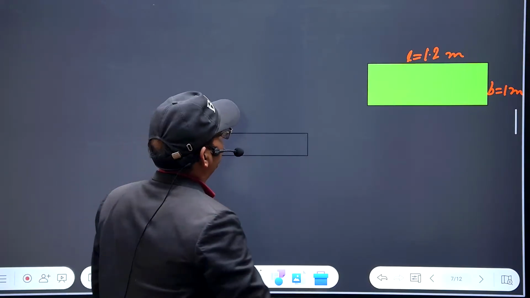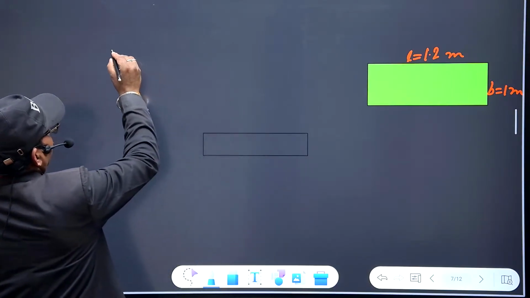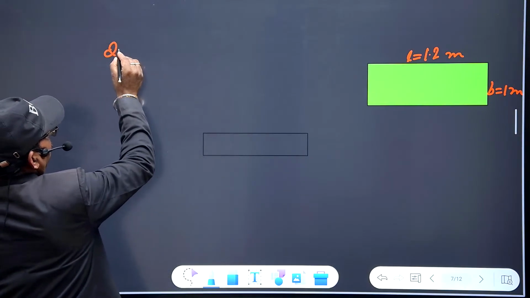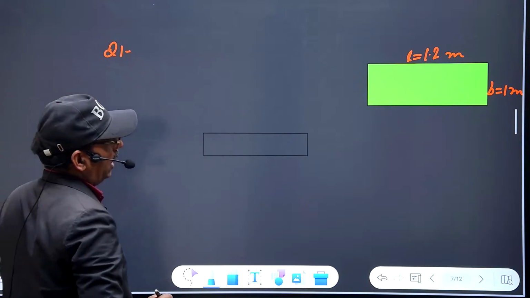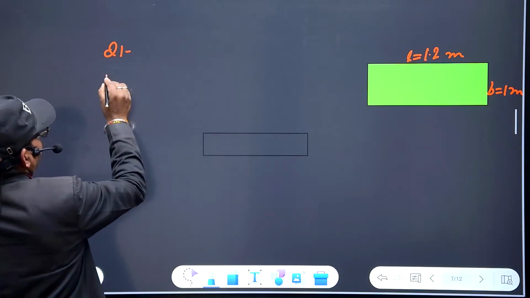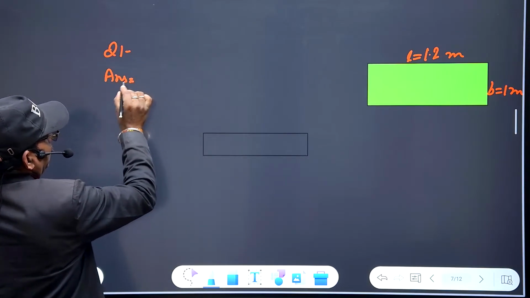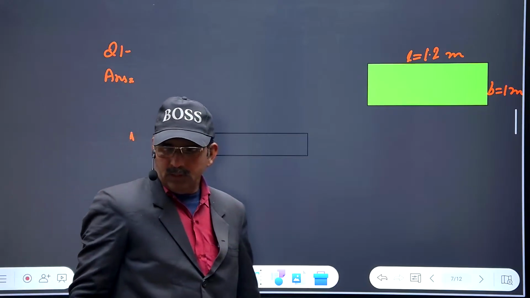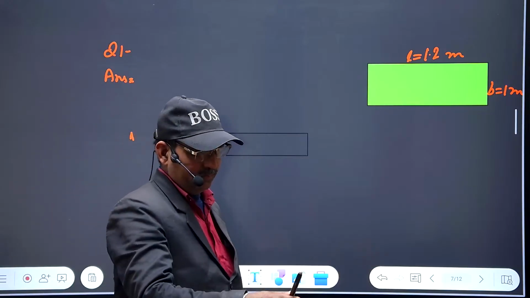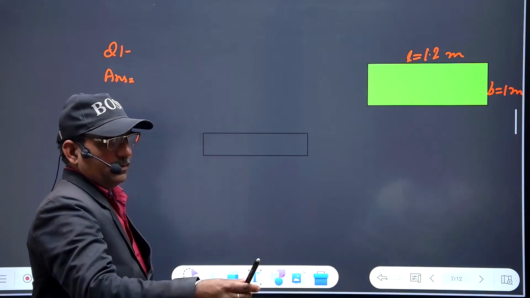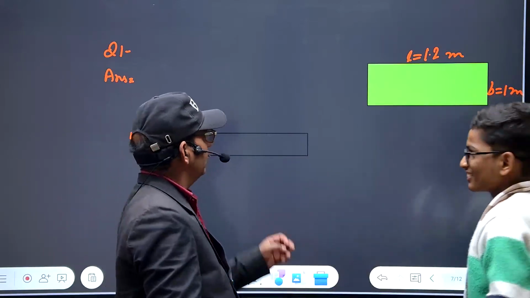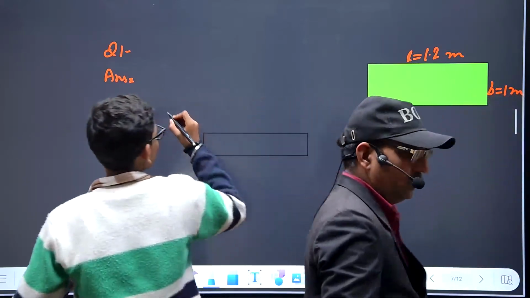Okay. So here, question 1: how will we find the perimeter? So come, चलिए come and solve it. Do it fast.